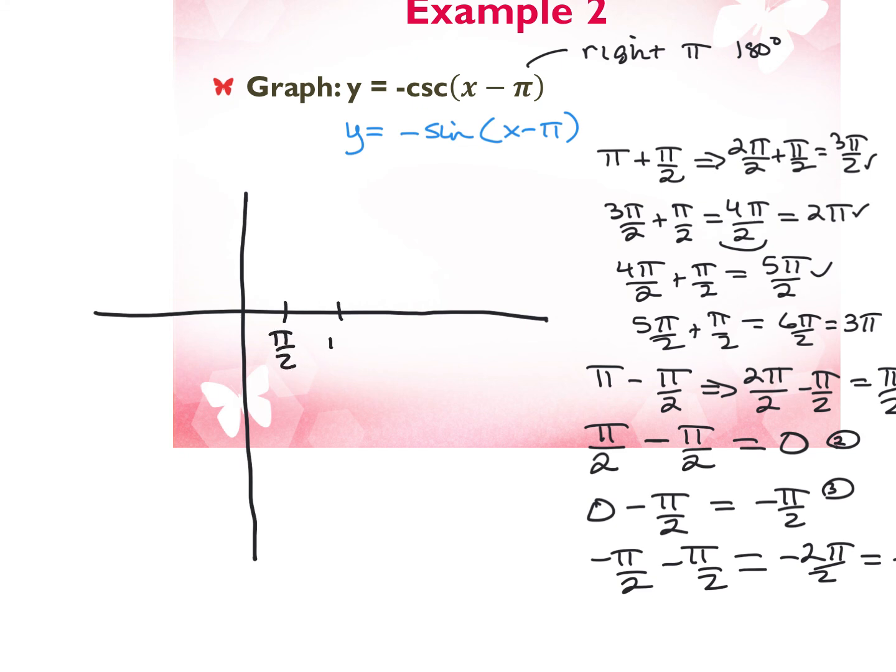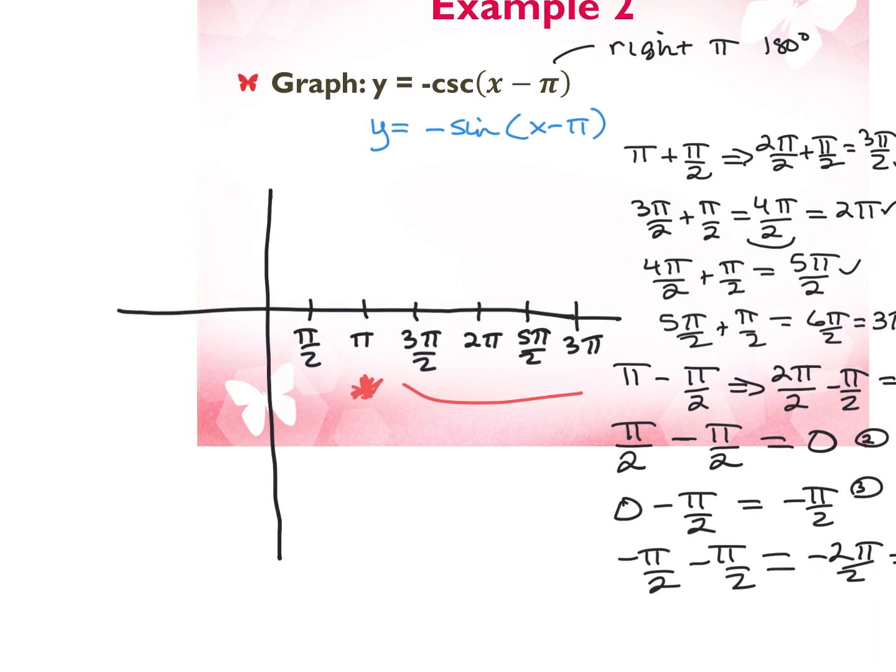I have pi, which is 180. 3 pi over 2, which is 270. 2 pi, which is 360. And then I just keep going. This is 5 pi over 2. And then lastly, 3 pi. Because remember, this is where we're starting, but there's 4 over here. And that's your goal.